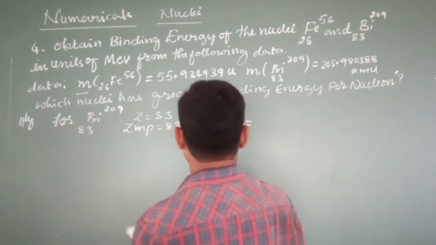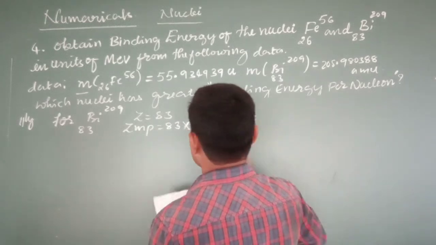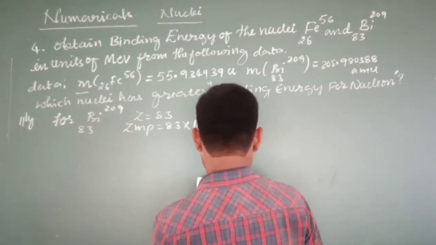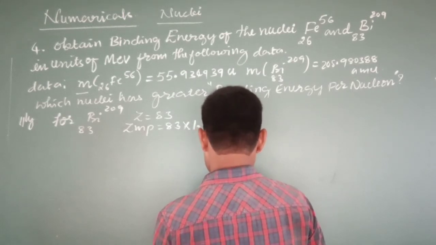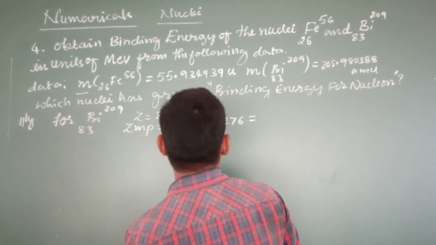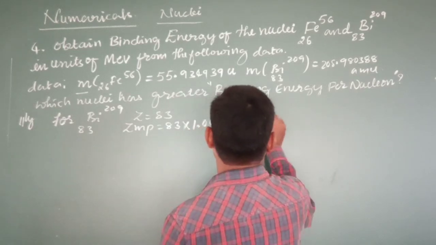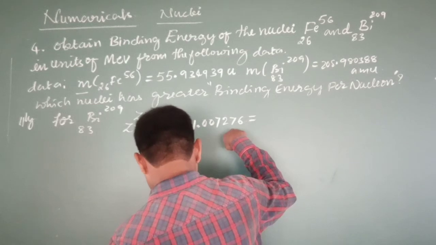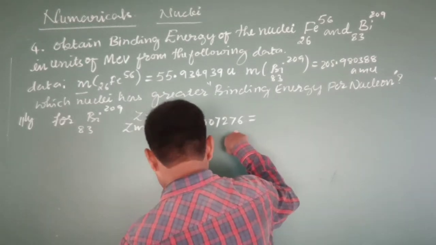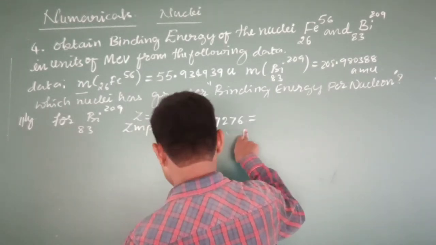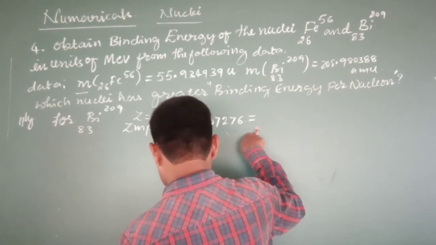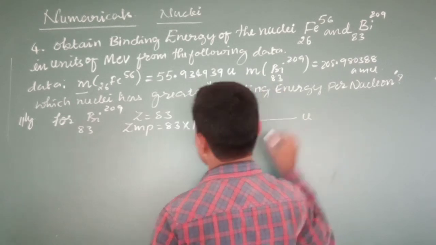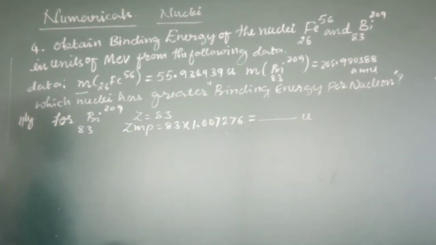Next, ZMP, that is mass of the Z number of protons in the bismuth will be given as, that is Z is how much? 83. 83 into this value. 83 into 1.007276. You find this value in atomic mass unit. You have to solve it by your own.